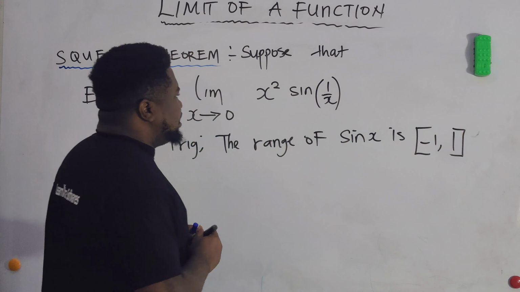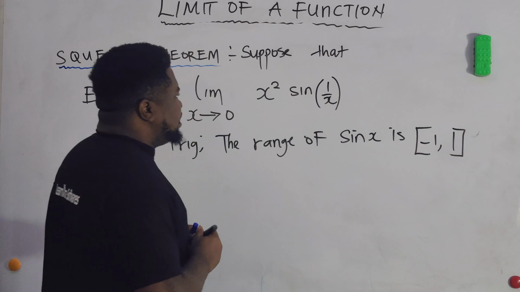The sine of anything must be in between -1 and 1. So I'm saying that the sine of 1 over x, precisely, must be in between two things. What and what? -1 and 1. From trigonometry, we know this already.